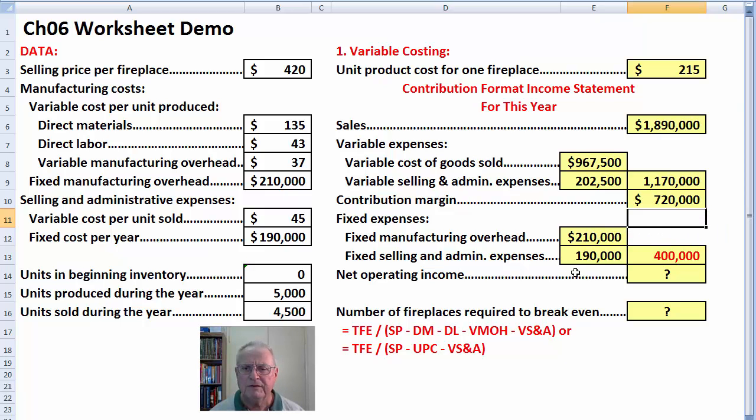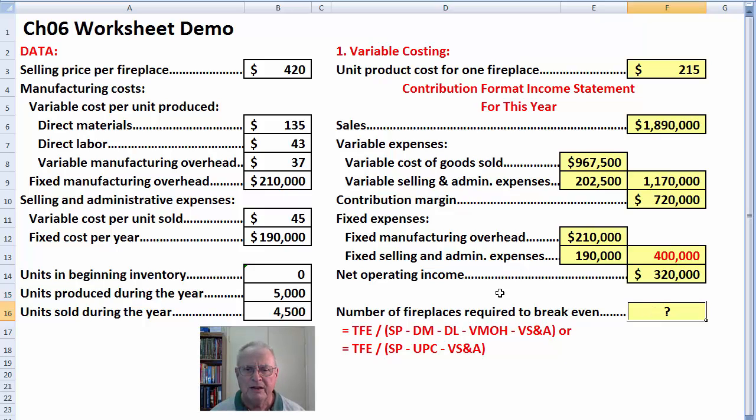And I've computed the fixed expenses. That was real easy. So let's do the net operating income. Contribution margin minus the fixed expenses, and we have $320,000 in net operating income.